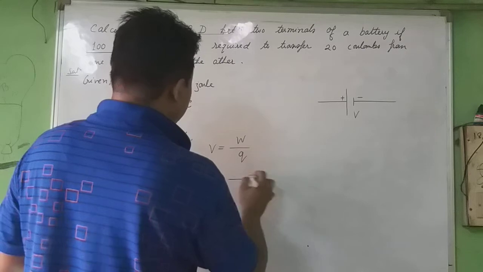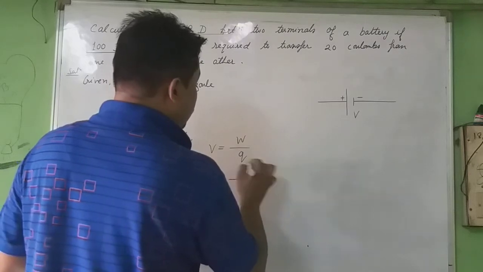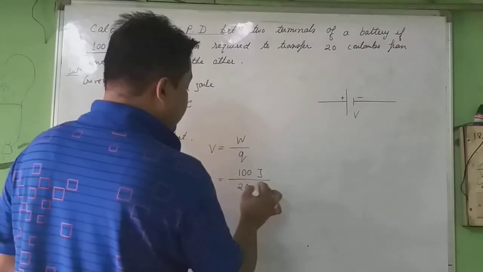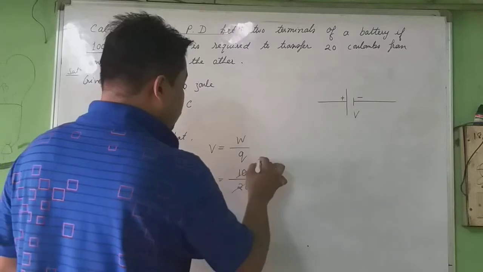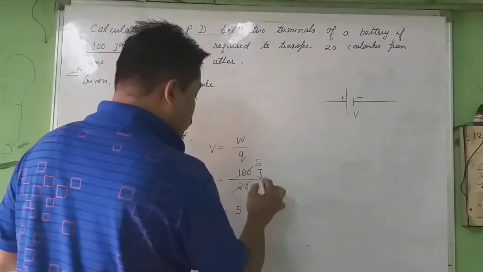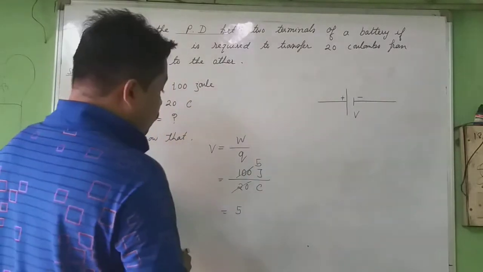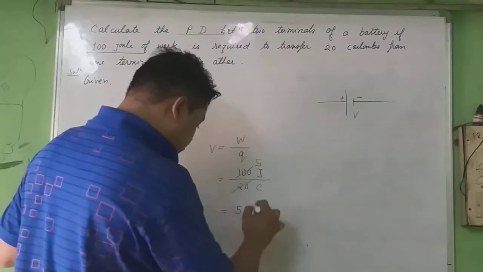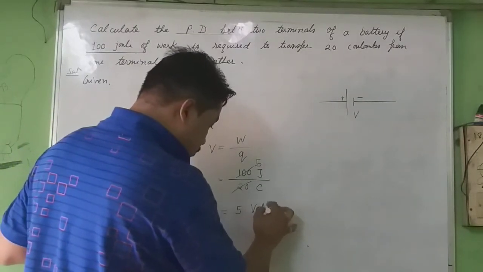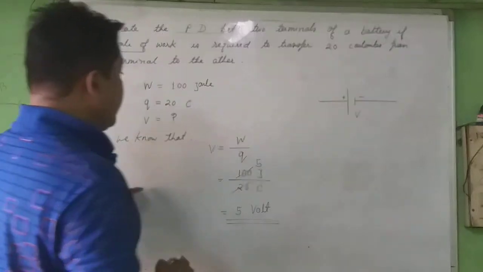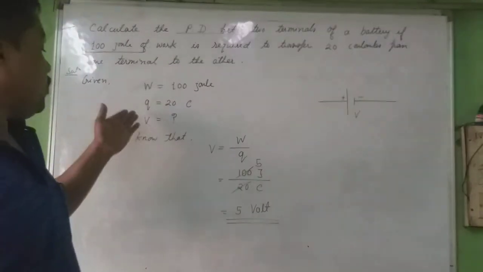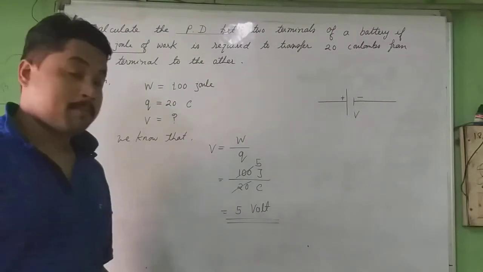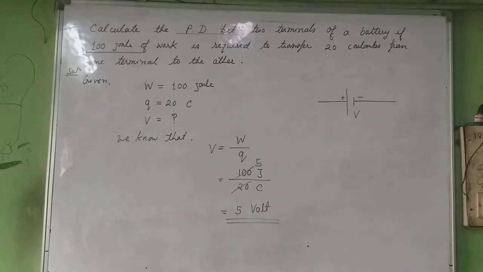So here work done is 100 joule and charge is 20 coulomb, therefore 5 joule per coulomb. 5 joule per coulomb is also known as volt, and the SI unit of potential is volt. Okay, this is the second question.